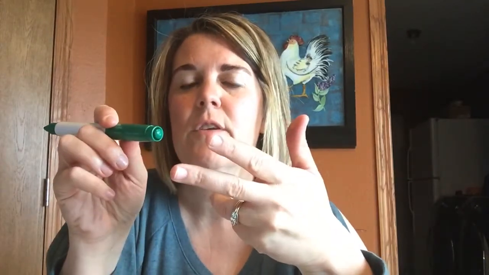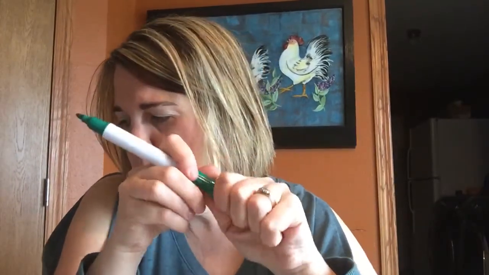Now, here's what else we're going to talk about: similar shapes. When we were talking about congruent shapes, we know they're the same size, the same angles, and everything is the same. When we talk about similar shapes, they have the same shape, but they're not always the same size.